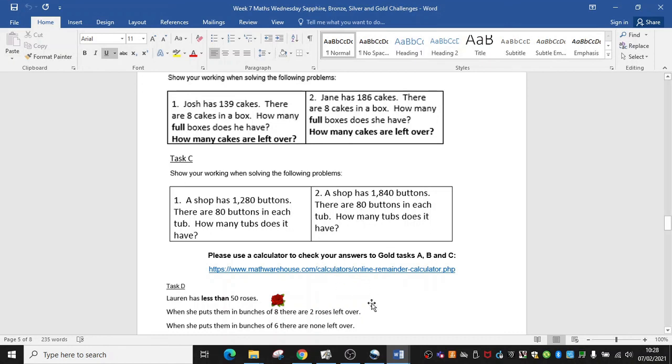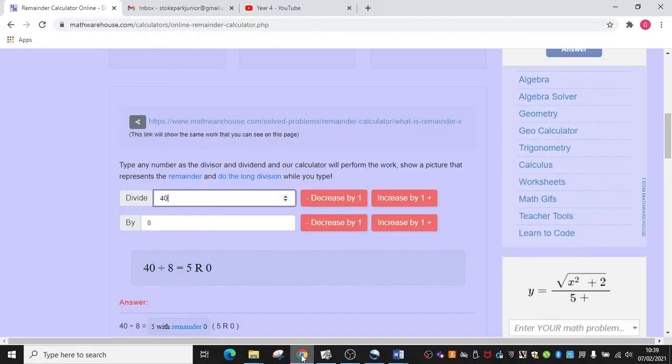So you can use this same link as yesterday just here. So we showed you this website yesterday that, as well as being able to calculate the answers, it actually provides remainders. So we know that 40 divided by 8 is 5.